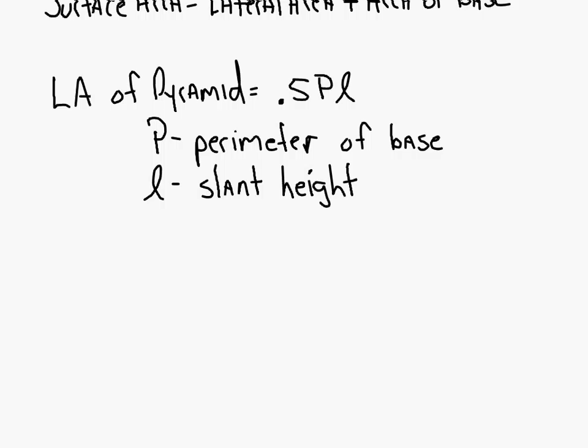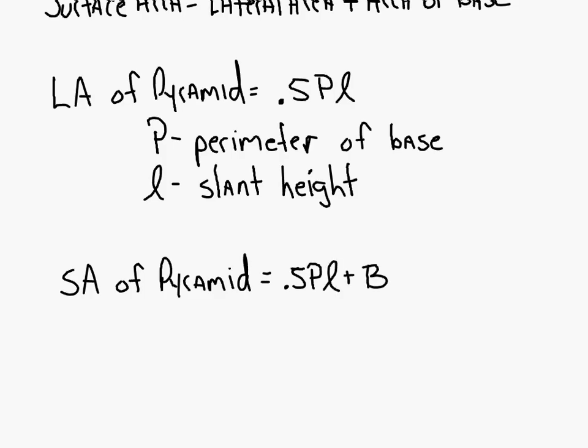So your surface area of a pyramid is equal to 0.5 times P times L plus big letter B. And big letter B represents the area of the base.